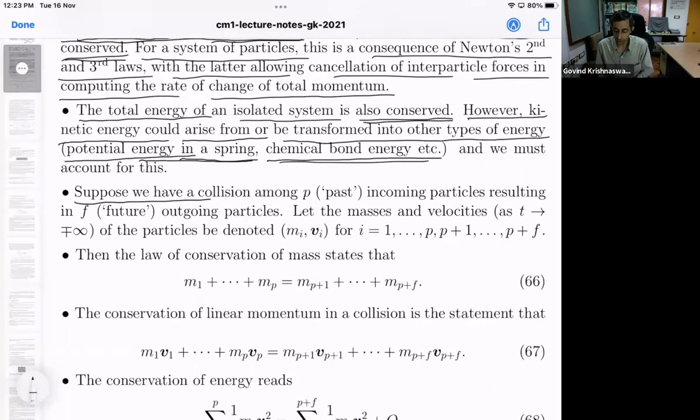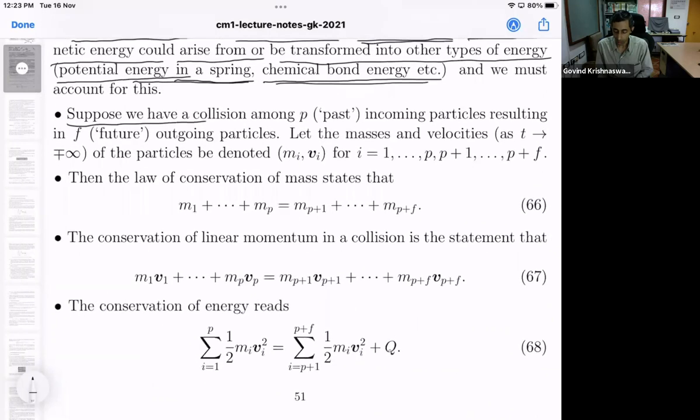Suppose we have a collision among P particles, and I'm using the letter P for past because they're coming from the far past, incoming particles, resulting in F future outgoing particles. So we have P particles coming in and F particles going out, just to keep things somewhat general.